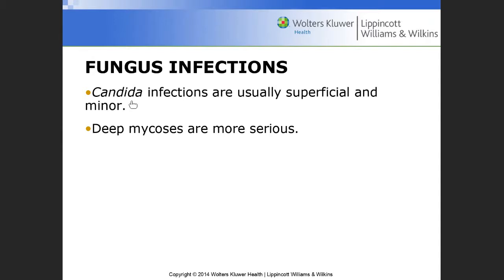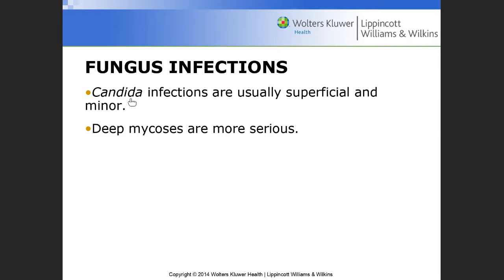At body temperature, 37, they are usually in the yeast form, but they can sense and send out hyphae, and the hyphae, or multicellular form, usually appears at lower temperature. Okay. Now, when you get a fungal infection, it's known as mycosis.